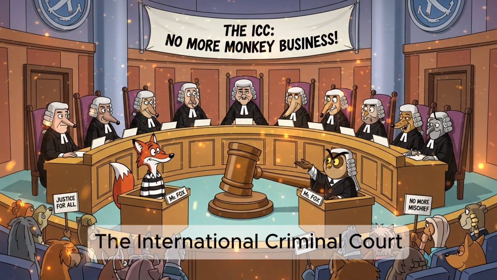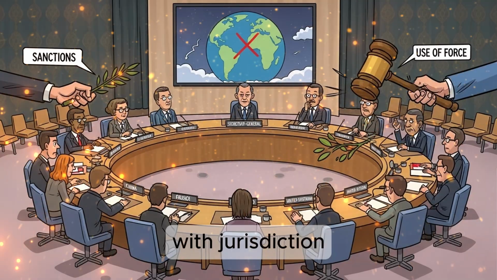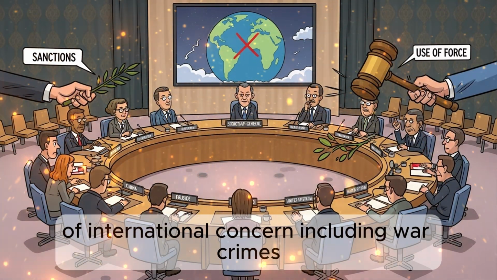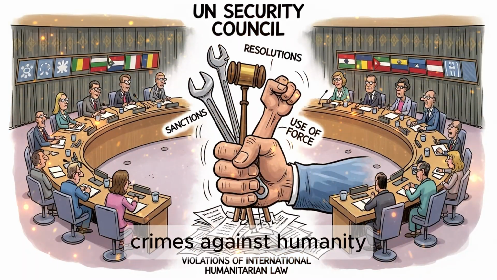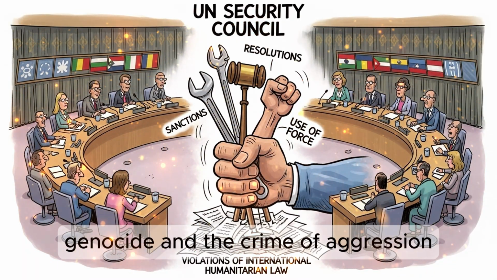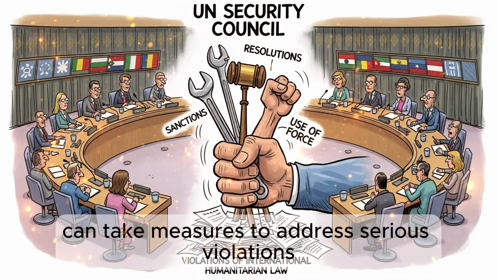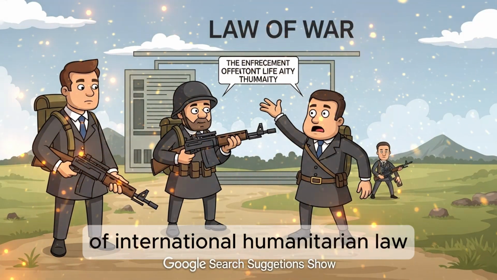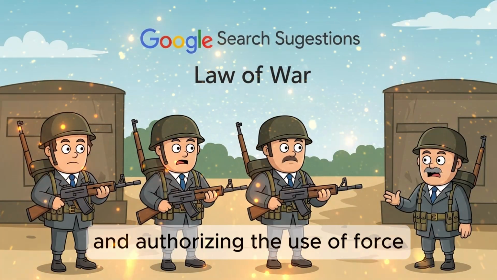The International Criminal Court (ICC) is a permanent international court with jurisdiction to prosecute individuals for the most serious crimes of international concern, including war crimes, crimes against humanity, genocide, and the crime of aggression. The United Nations Security Council can take measures to address serious violations of international humanitarian law, including imposing sanctions and authorizing the use of force.